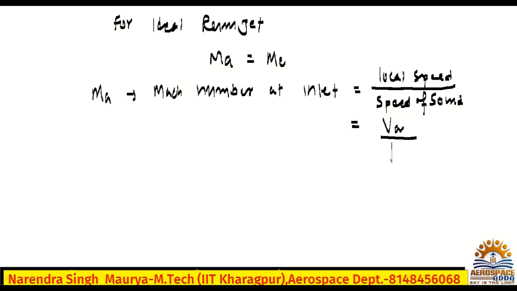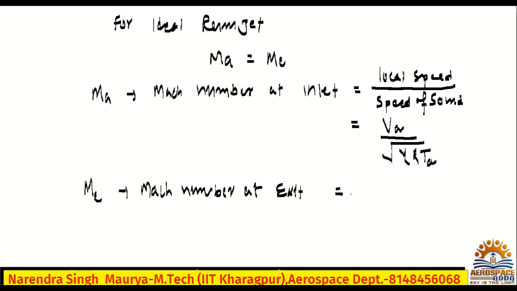What is the speed of sound? Root of gamma R T. Because it is at inlet condition, I will write TA. Okay. Similarly, what is ME? You can write Mach number at exit. Again, local speed. What is the local speed?